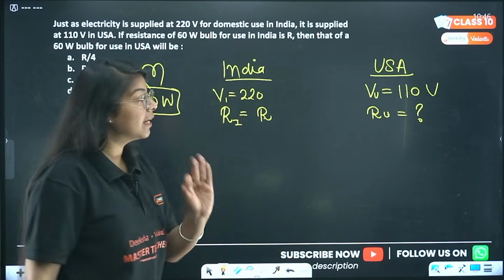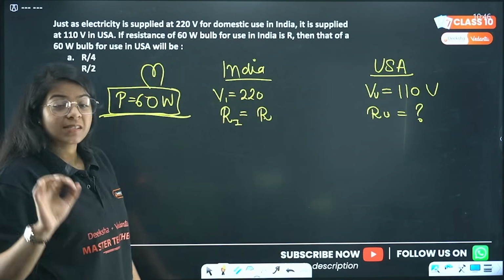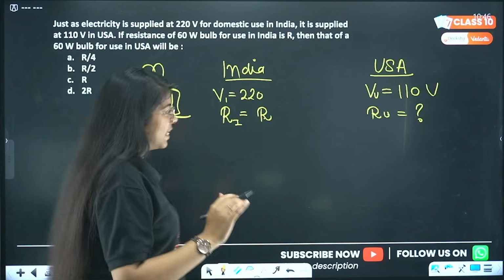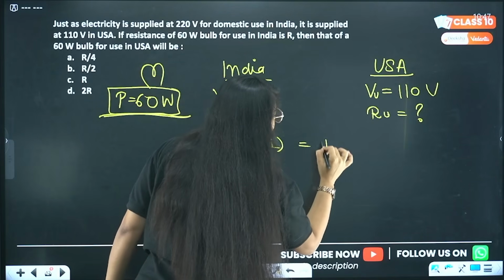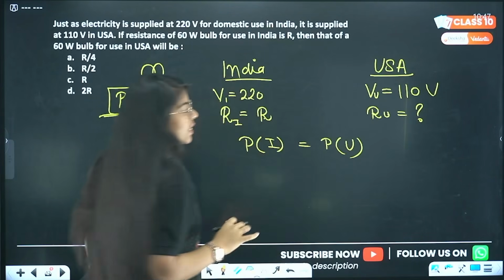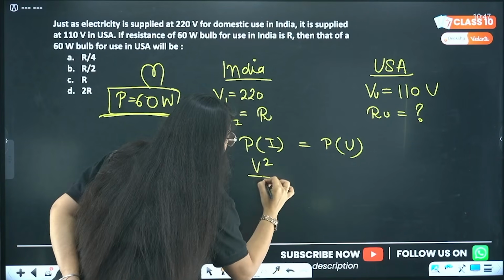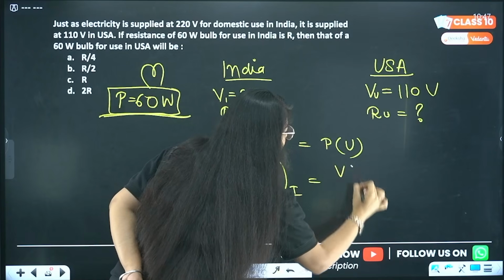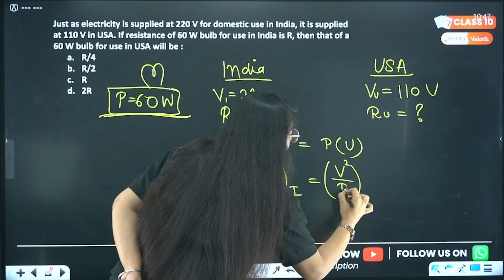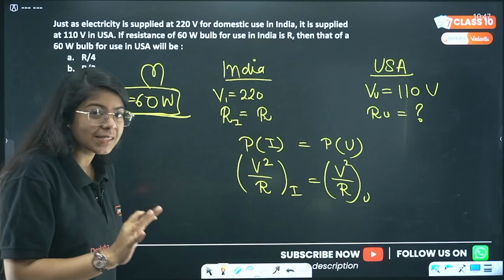Now look here carefully. Power is the same, 60 watt in both cases. So power of that bulb in India is equal to power of the bulb in USA. Now the power formula is V square by R for India equals V square by R for USA. Correct? It's making sense, right?